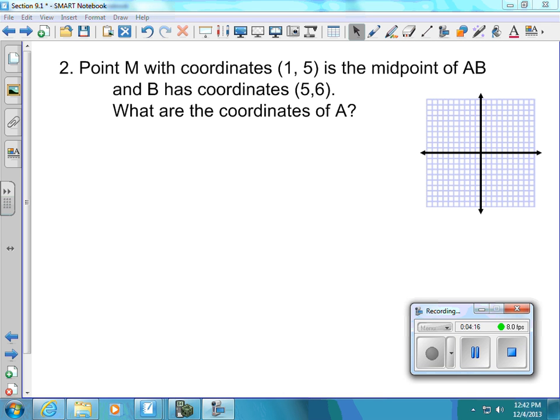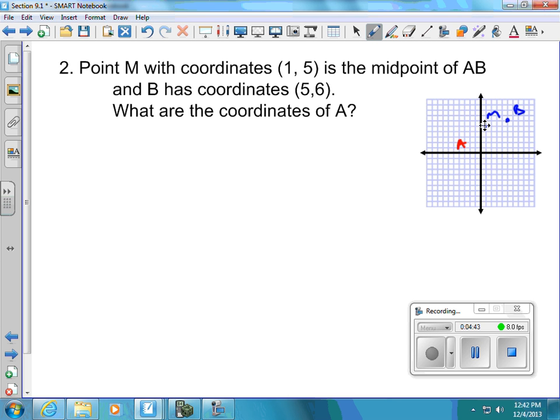So if M is our midpoint, 1, 5, over 1, up 5, here's M. And B is our coordinate 5, 6. Here's B. We know that A has to be over here somewhere, doesn't it? A has to be on this side. So keep that in mind when we're going to solve for A.